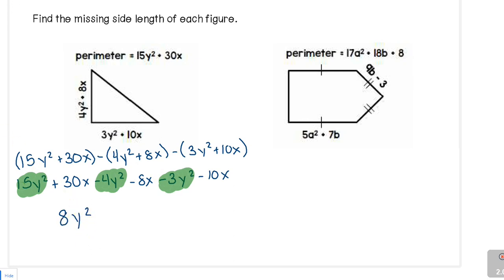Now we have our x's. So we have 30x minus 8x minus 10x. So 30 minus 10 minus 8 gives us a positive 12x. So 8y squared plus 12x units is our missing side length.